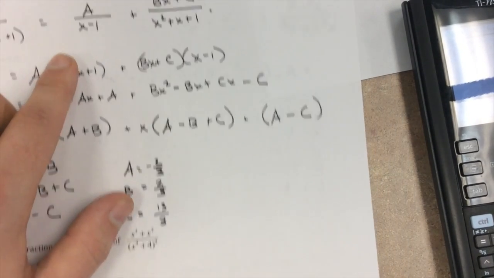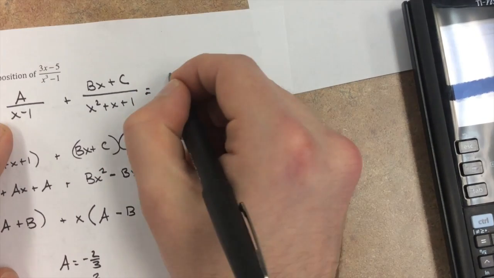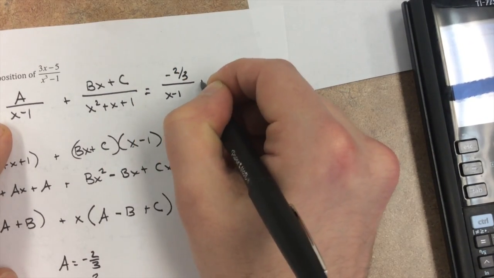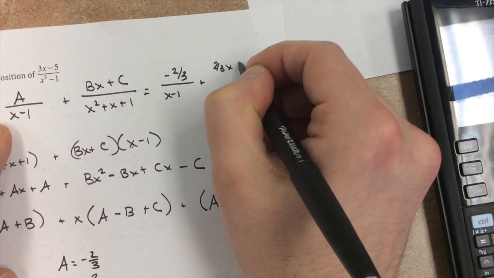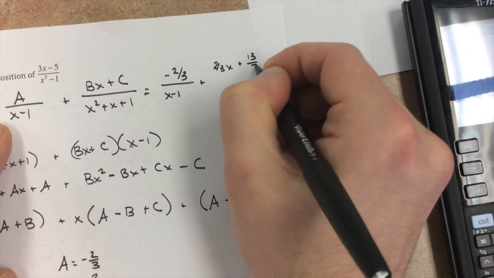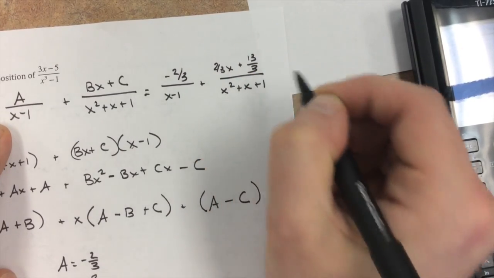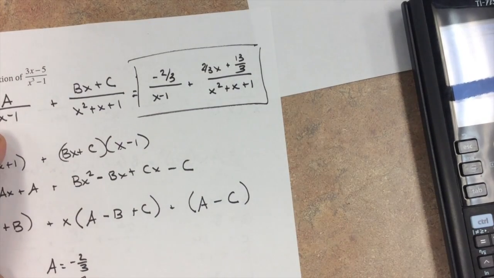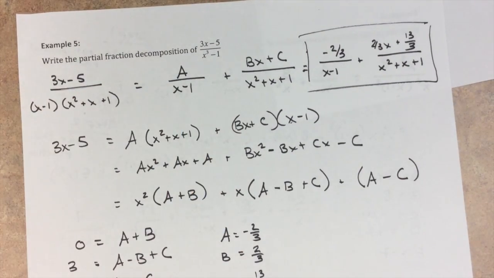So if I wanted to go back here to write my partial fraction out, that would be negative 2/3 over x minus 1 plus (2/3 x plus 13/3) all over x squared plus x plus 1. This is our partial fraction decomposition of our original function.